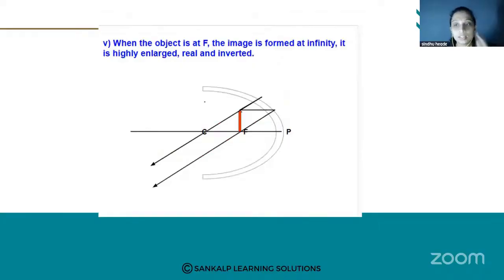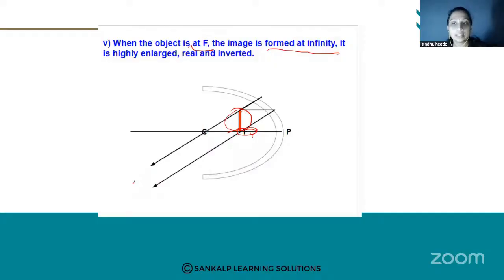Next one, this time the object is at the point F. It is nothing but the principal focus, what we call. See, this is the object placed at the point F. Where is the image formed? The image is formed at infinity. Infinity means very far.